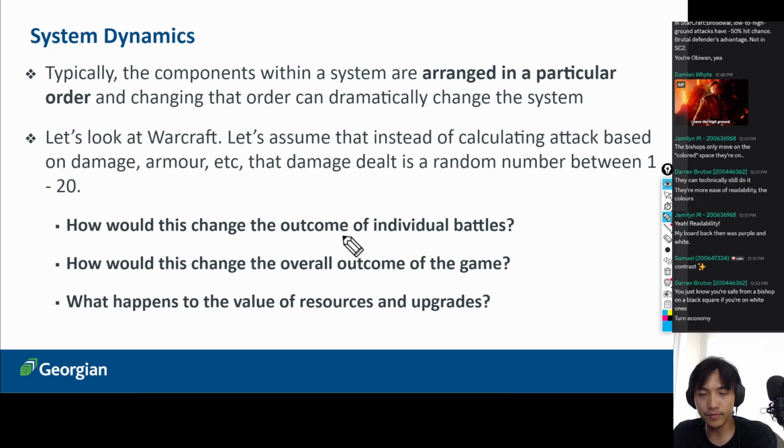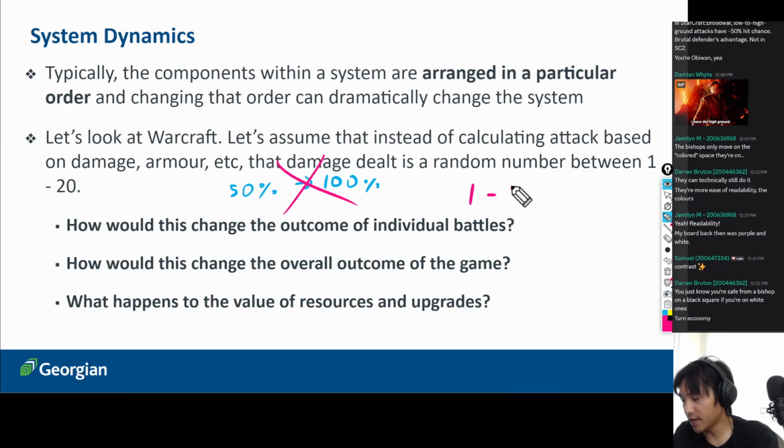Let's look at that formula for damage in Warcraft, right? So before it was between 50% and 100% of a certain damage formula. Now, let's say, okay, what if we scrap that and instead it's between 1 and 20 damage that you will do, and maybe your soldiers have 20 hit points.